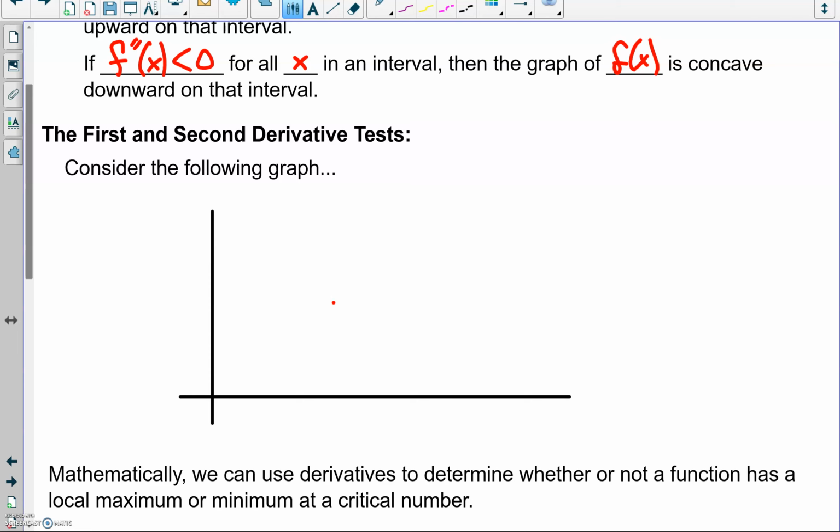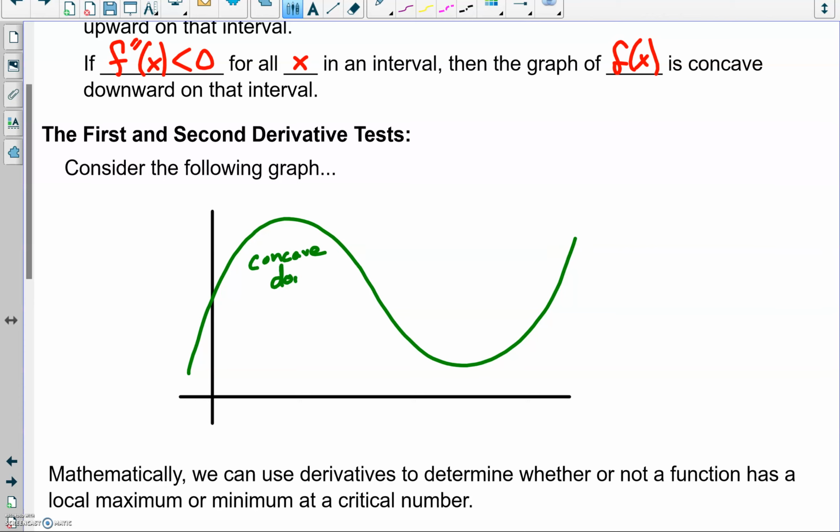So if we look at the first and second derivative tests here, and again, some kind of graph like this, we got a little concave down area here. We've got a concave up area over here.